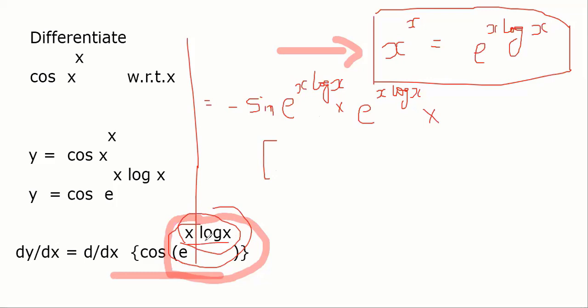First function into the derivative of the second, plus second into the derivative of the first, u into v dash plus v into u dash. So let's do it. Differentiation of x log x is x into the differential of log x, which is 1 by x, plus log x and the differentiation of x is 1. Got everybody?